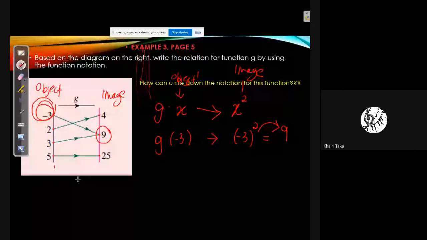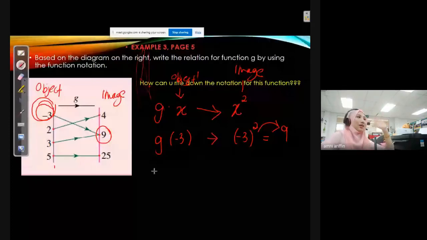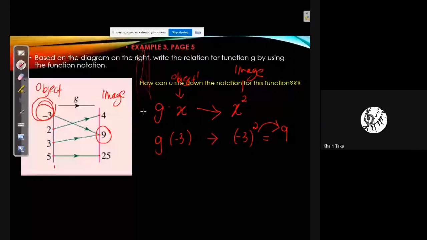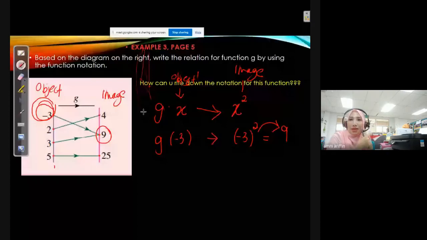Teacher, slow. Power of two, yes. Okay lah. Means semua benda power of two? Tak semestinya. So depend on the diagram lah, bergantung pada diagram yang diberi. Yes, the negative 3 object image 9 means the object must be power of 2 and then become 9, is it? That's why power of 2, based on the diagram lah.